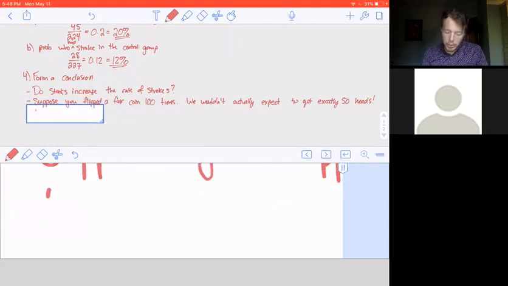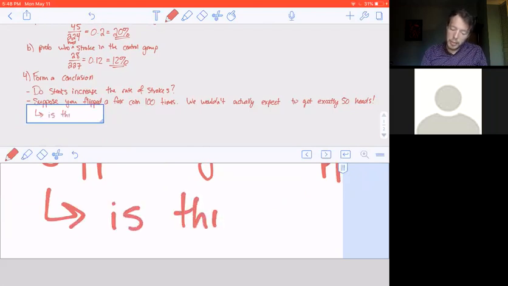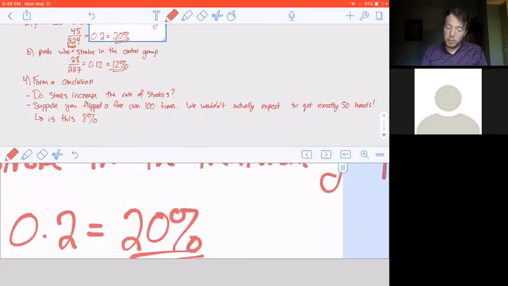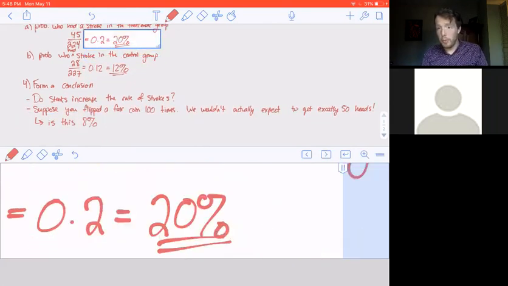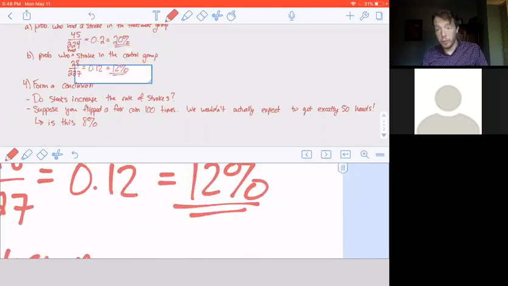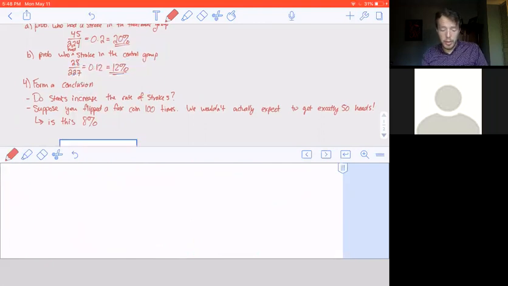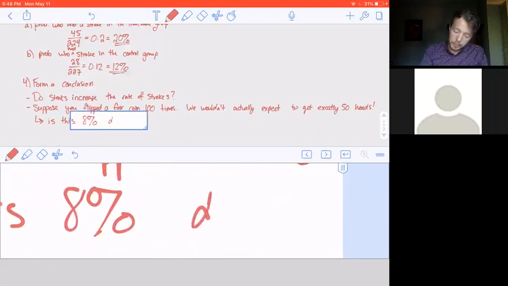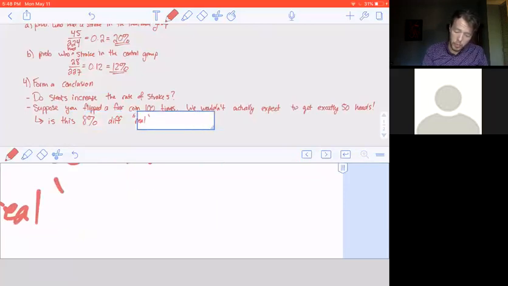So the natural question is, this 8% difference, that's the 8% between the 20% of people who got a stroke in the treatment group versus the 12% of people who got a stroke in the control group, is this 8% difference real or just due to random chance?